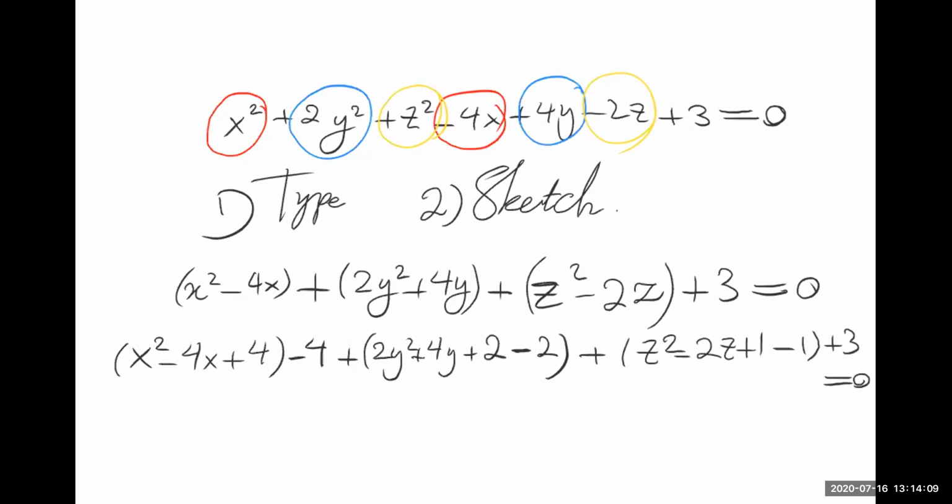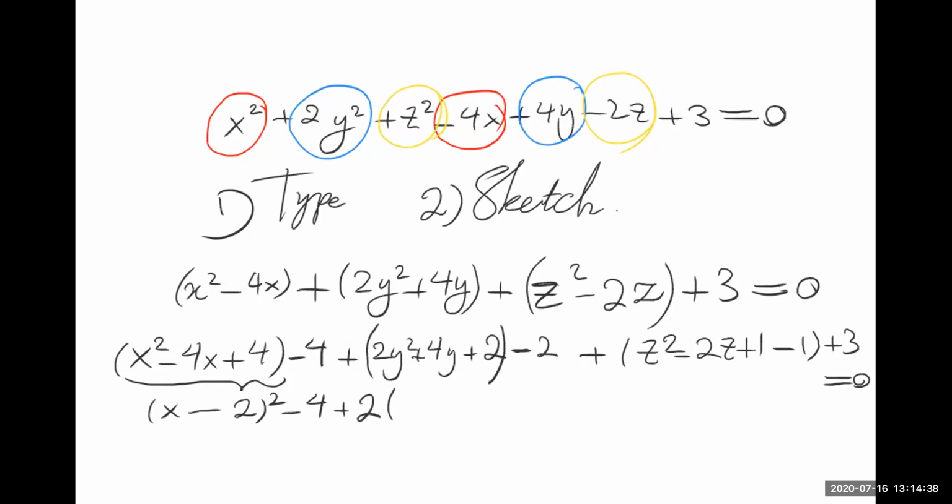Okay. What is the first thing? The first thing is x, yeah, you're right. Your answer is correct. So the first one is x minus 2 squared minus 4 plus. The second one, forget about the minus 2 part. Look at 2y squared plus 4y plus 2. I can factor 2 out of it.